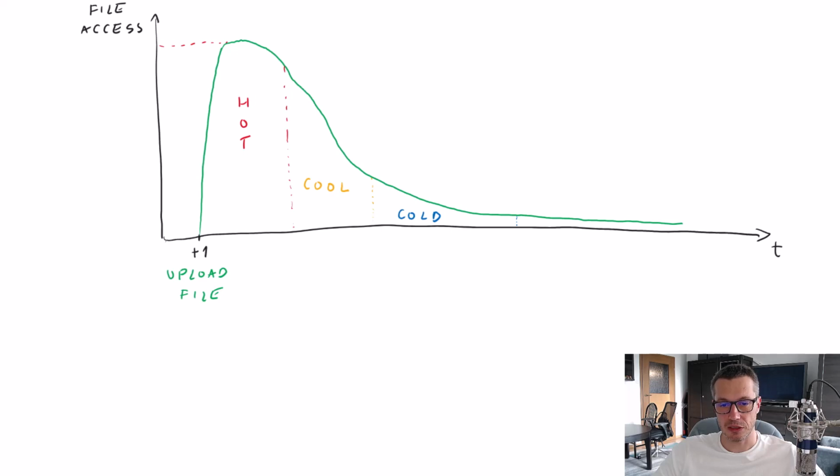For example, we might use this tier for storing some backups, short-term backups. So if something goes bad with our system and we've got to restore it from the backup, then we could use the files stored in our storage account from the cold access tier and have it ready in no time.